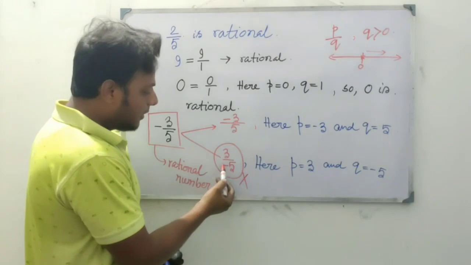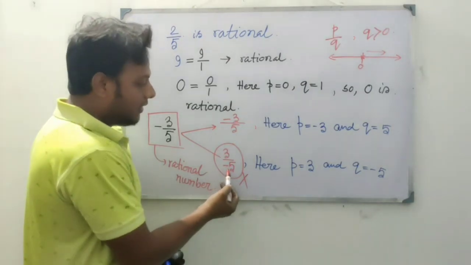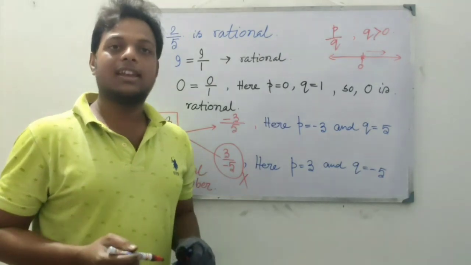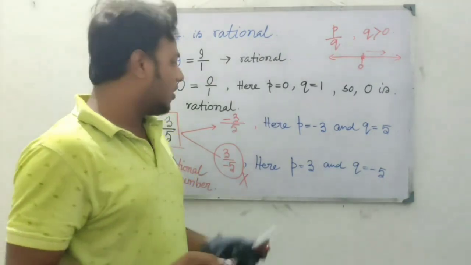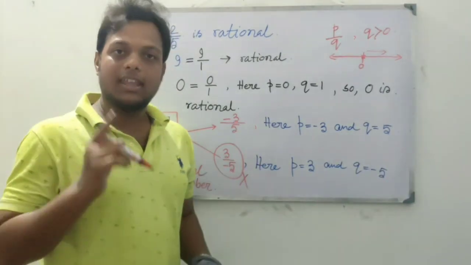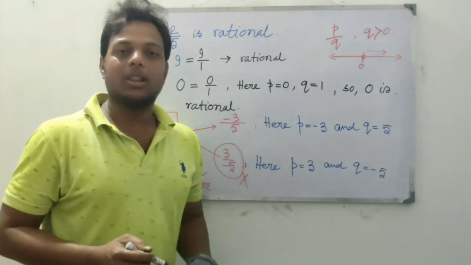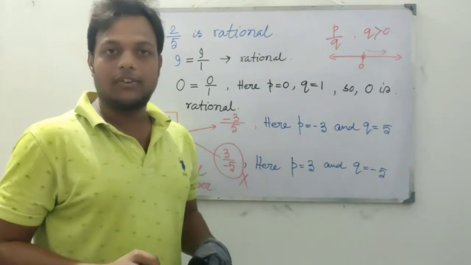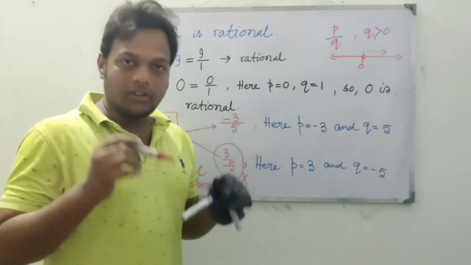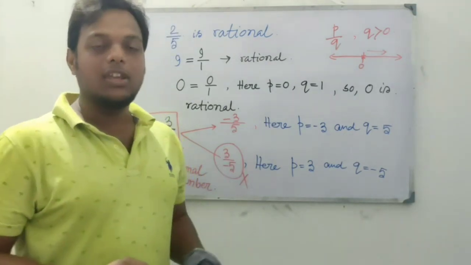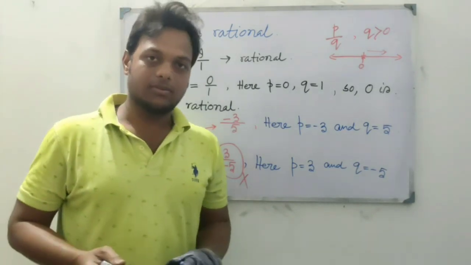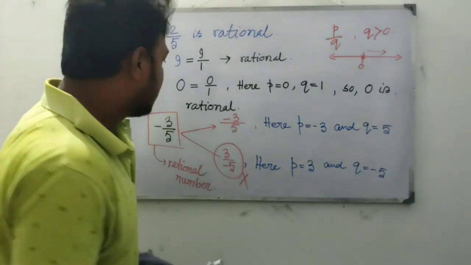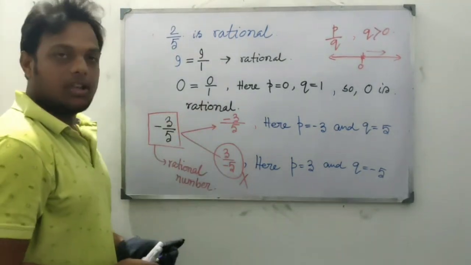Since q can't be negative, and here q is negative, each and every student of the class will get the unique expression of p by q, and each and every student will have the same answer, that p is minus 3 and q is 5. Understood? For this unique expression, they are using q greater than 0. Hope you understand the thing. Okay, so this is the concept of rational number.